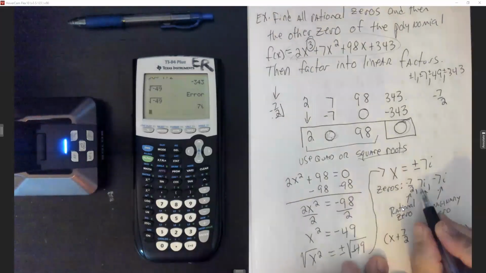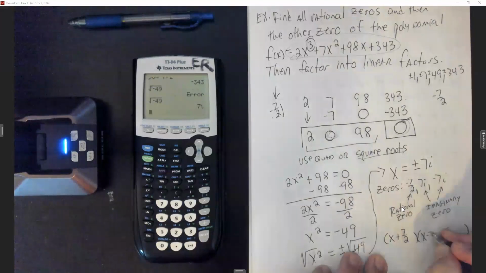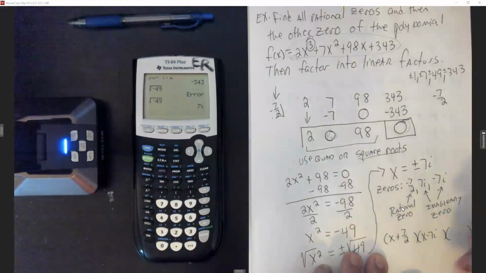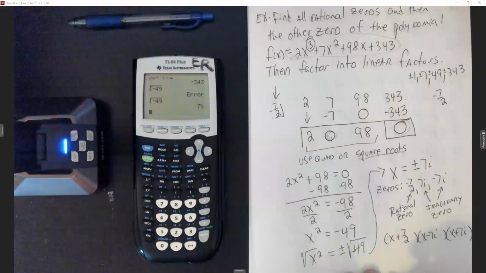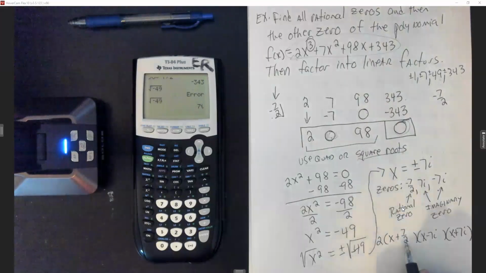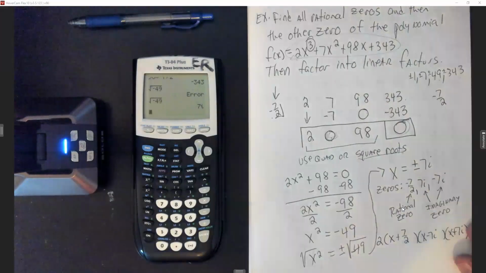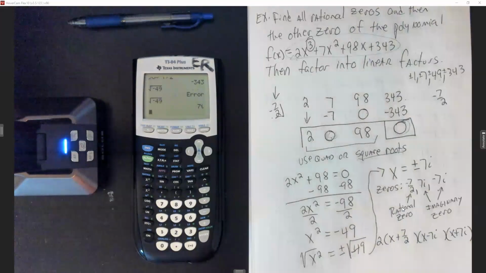This one, since it's positive, would be minus 7i. And this one, since it's negative, would be a positive 7i. Now, the reason I wanted to do this one, since this has a 2 on the bottom of a fraction, you got to put a 2 in the front of that, because that way, if you foiled it, it would cancel this fraction out and make it a linear problem. So for some reason, they like you doing that on that one.